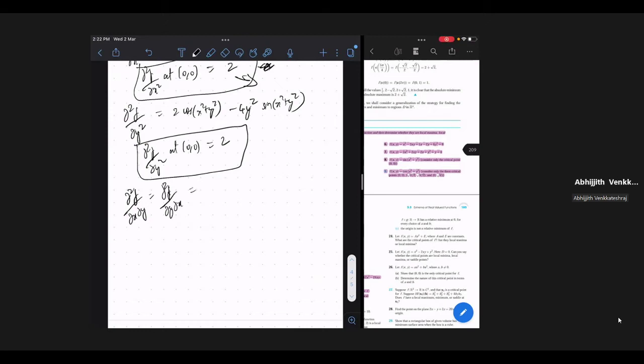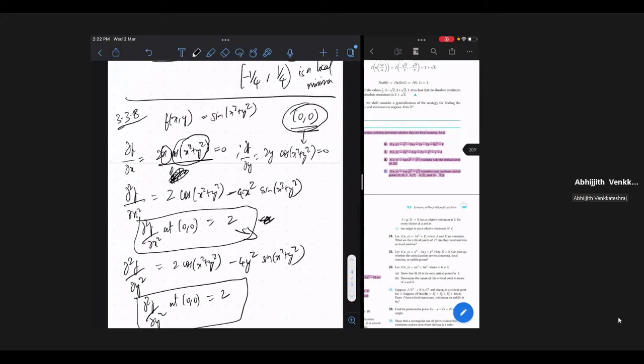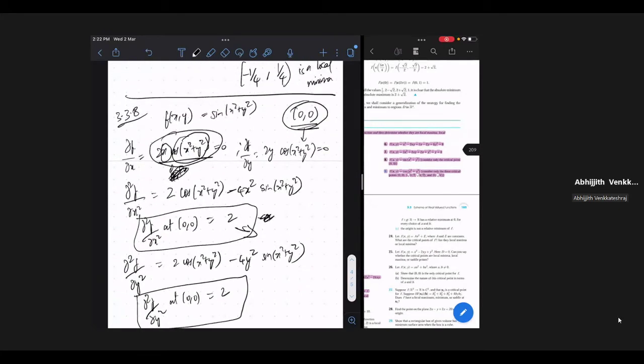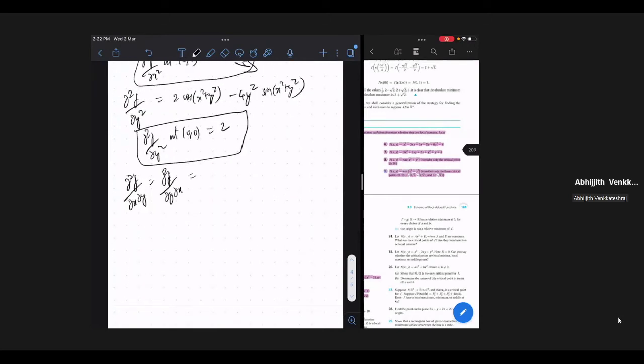When you take this particular thing and differentiate with respect to y, I make use of the same thing. So we'll get minus 4xy into sine of x squared plus y squared. At 0 comma 0, it's going to be 0 because sine of 0 is 0.